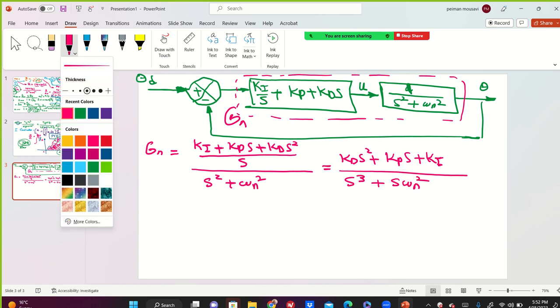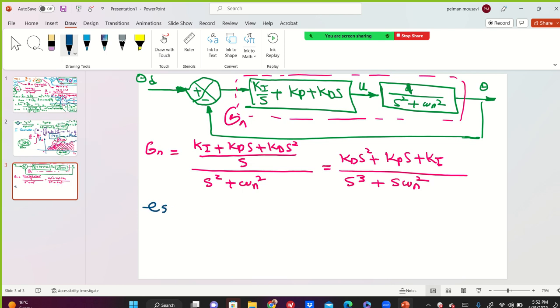Now, after adding the PID controller, let me examine the steady state error signal.